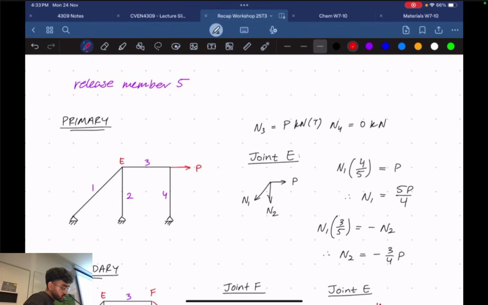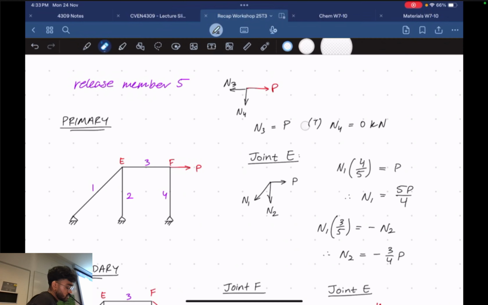But anyways, I'm analyzing joint F here. If I take a look at joint F, I've got N4 and N3, the axial forces in member 3 and member 4, and this is my load P. In the x direction, N3 is equal to P. In the y direction, there are no forces, so it's equal to 0. And I've said that N3 is in tension.